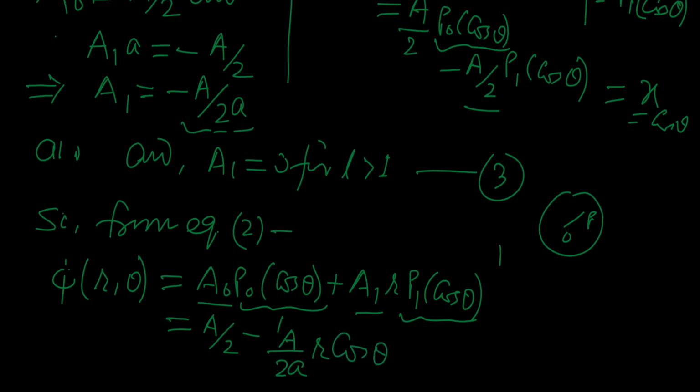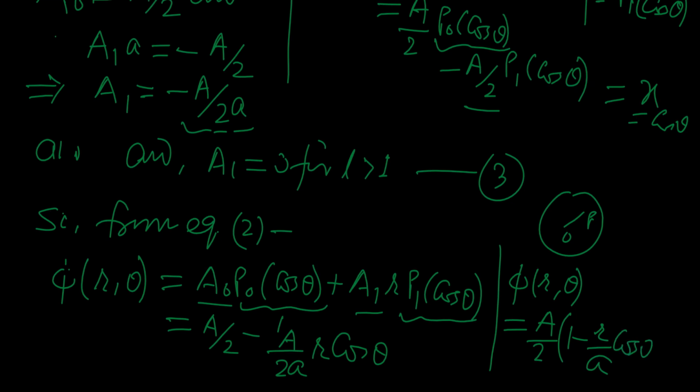So finally we get the potential phi of r, theta equal to, let us take A over 2 as a common factor, A over 2 times 1 minus r over a, into cos theta. In fact, this is our result.